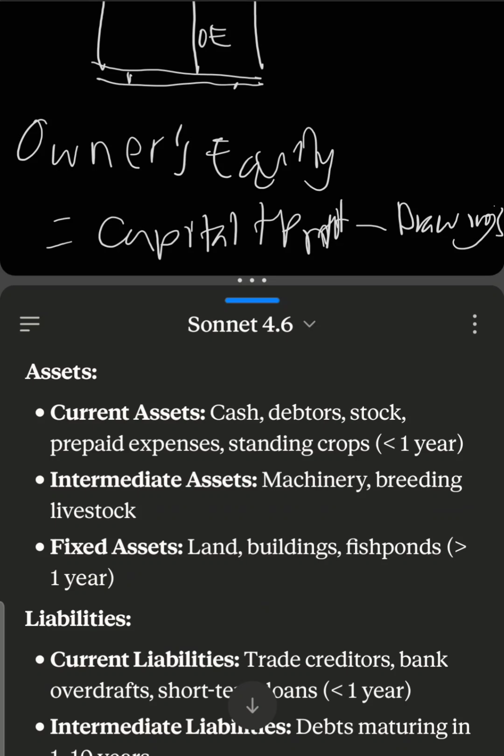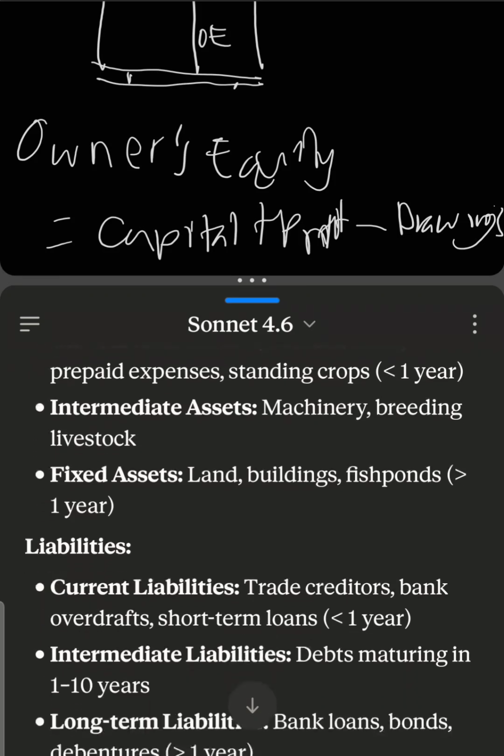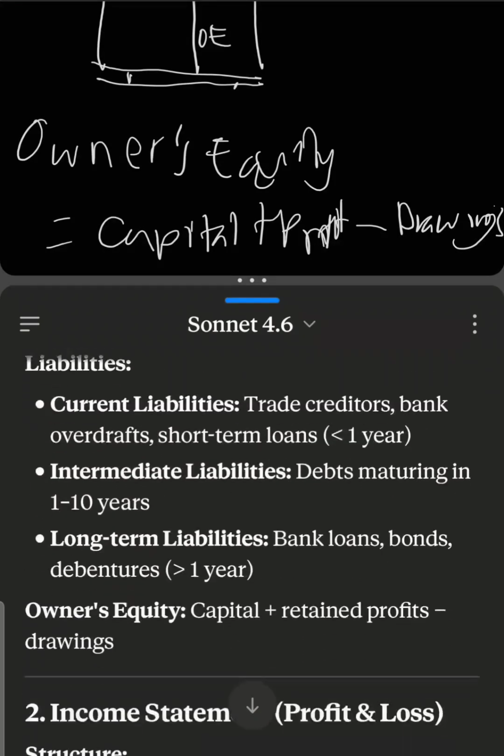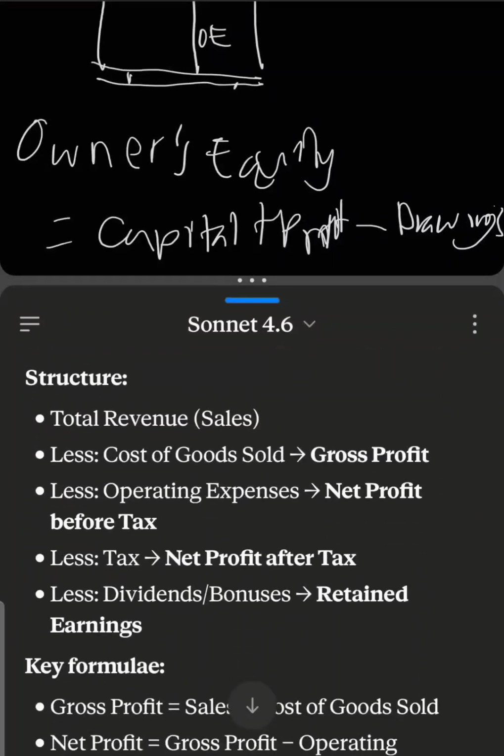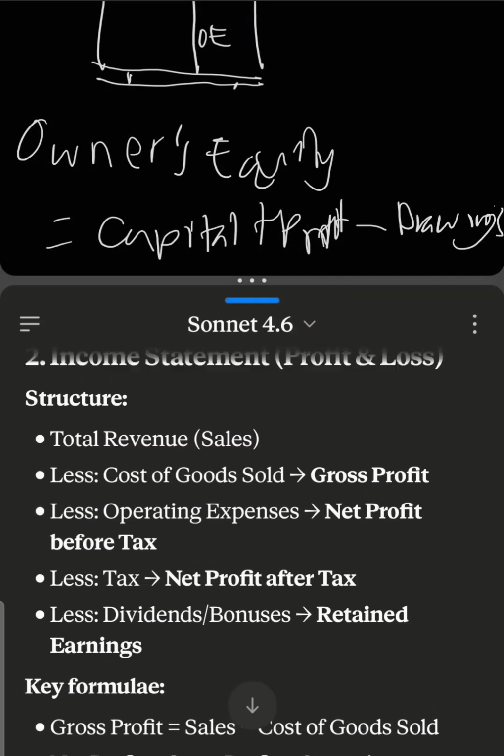Now we are going to look at the income statement, which is basically profit and loss.